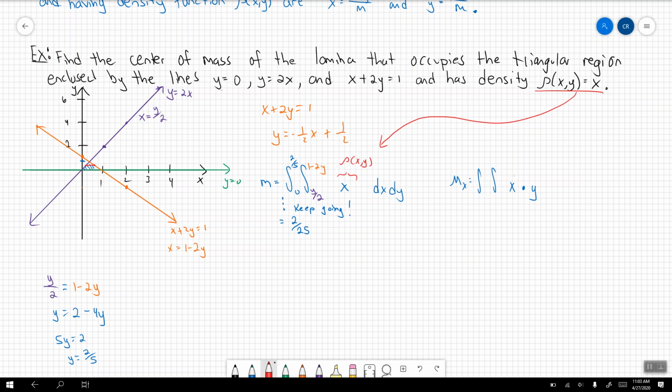So again, this first piece here is just your density function, and then it's going to multiply a y value. Oops, excuse me there.